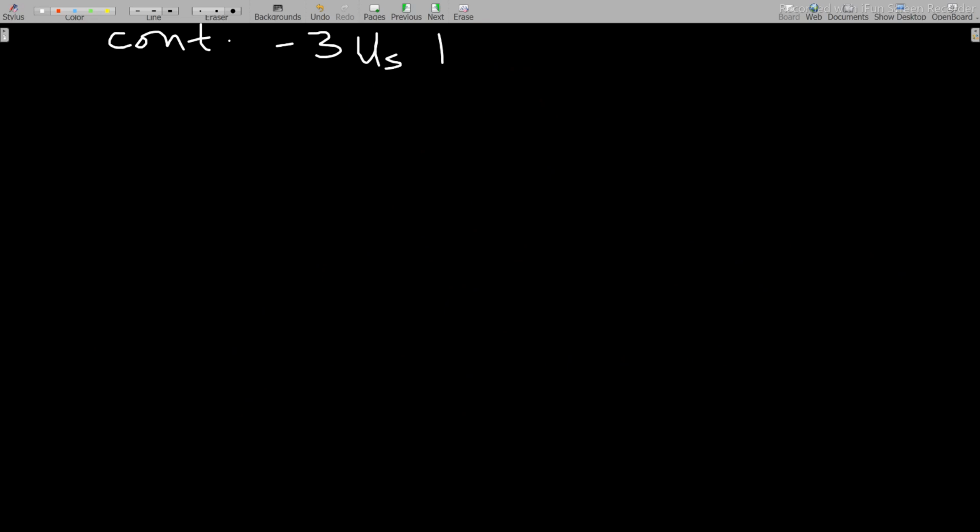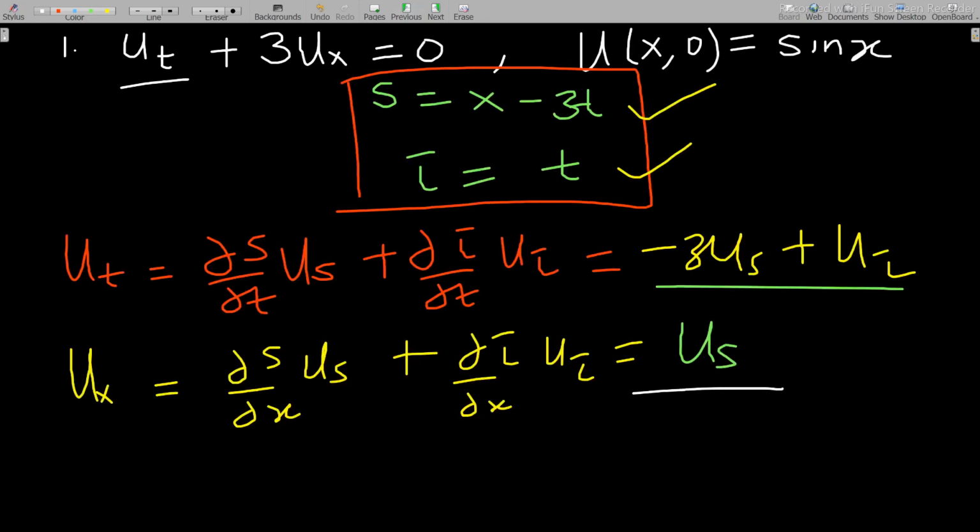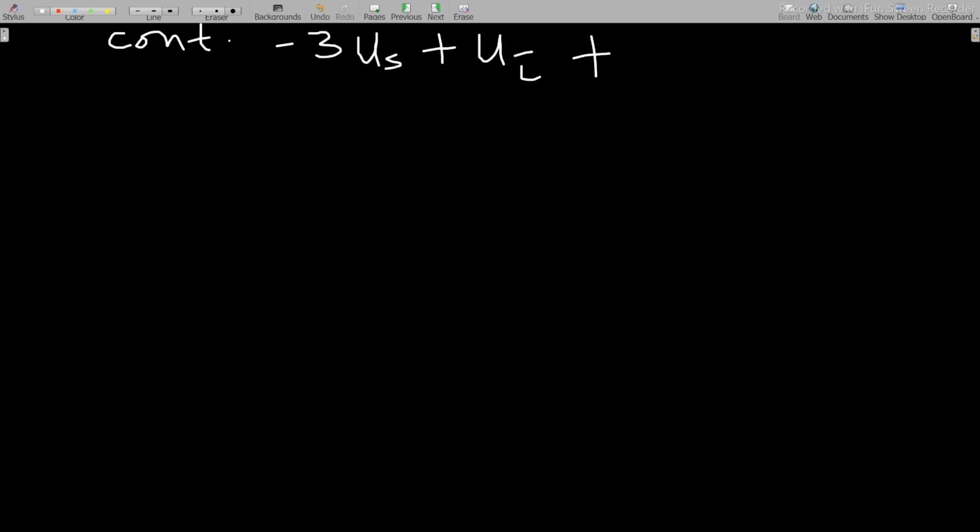You are putting them back in this equation. Then us is this, but there's a 3 multiplied to it, so it becomes plus 3 us, and this should be equal to 0. Now we can take this off.